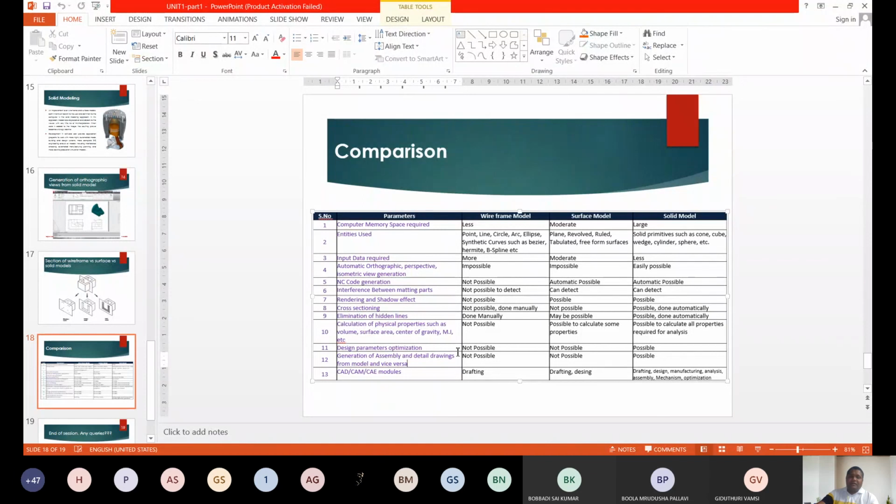And now coming to the generation of assembly and detailed drawing from the model, you can see the first two are impossible, whereas it is possible with solid. CAD/CAM/CAE modules: as I told you, computer-aided design, computer-aided manufacturing, computer-aided engineering. Computer-aided engineering is nothing but analysis.